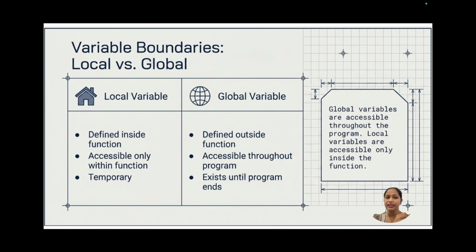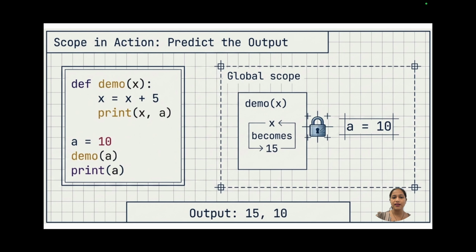A local variable is defined inside a function and it is accessible there only. It is a temporary variable. Otherwise, global variables are accessible throughout the program. They are defined outside the function and they exist until the program ends.